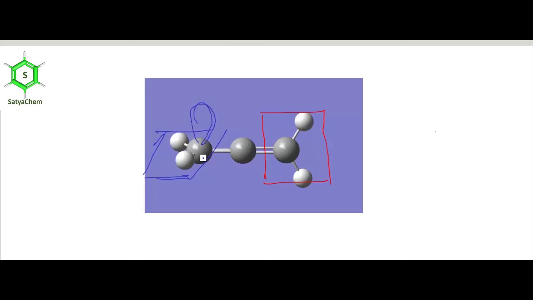Say this is py and this is py, so here we will have a py pi bond, but here we need to draw the pz. This is a pz and this is another pz of the sp hybridized carbon, so this is another pi bond. These two pi bonds are perpendicular to each other, and this is the beauty of the allene molecule. All are double bonds, but the central carbon atom is sp hybridized.